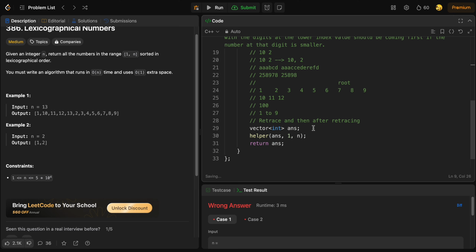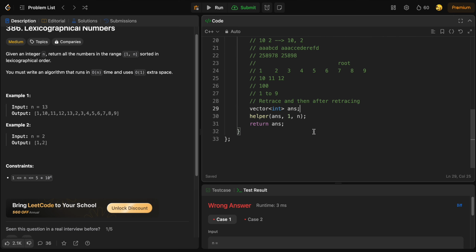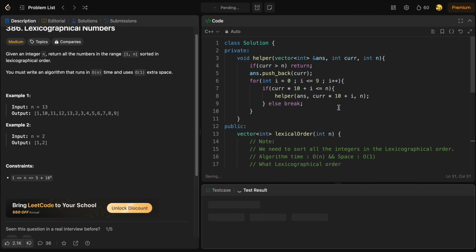And this is for one particular branch. I just need to call it for all digits from 1 to 9, because this is for only one digit. For int i equals to 1, i is less than or equal to 9, i plus plus, helper of ans, i, n. So this should ideally be working fine.